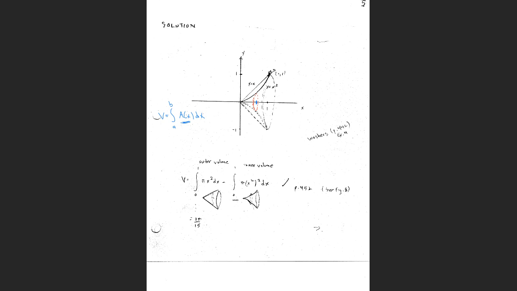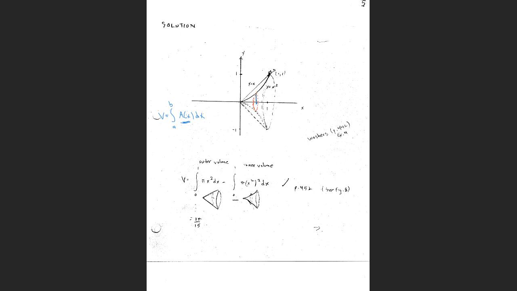And the area of a circle is, as you know, pi r squared. So here, maybe I'll even put it in blue. Here's the radius.